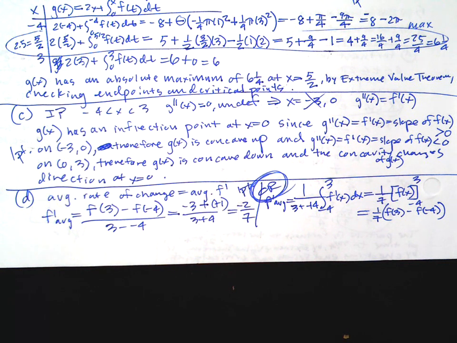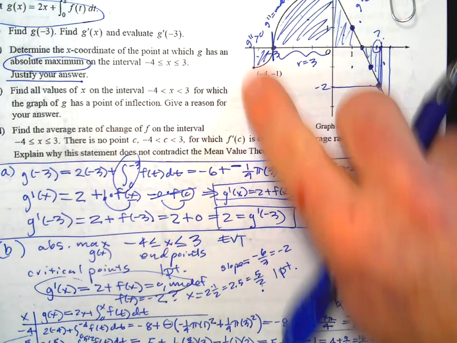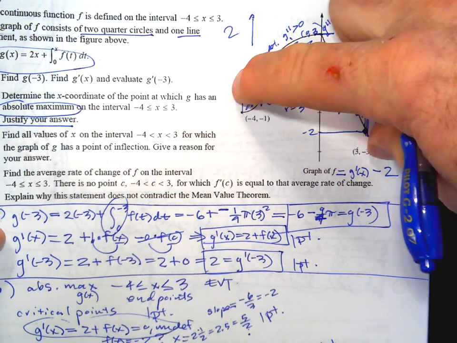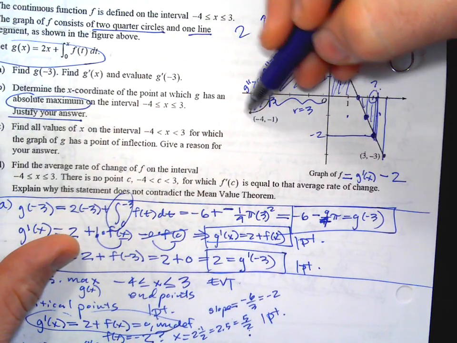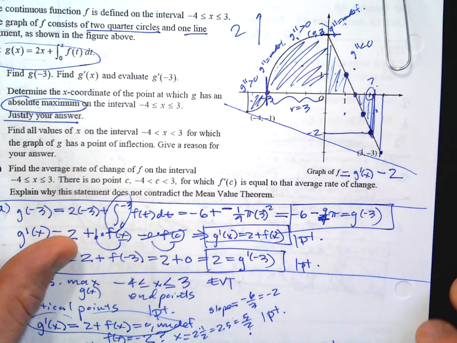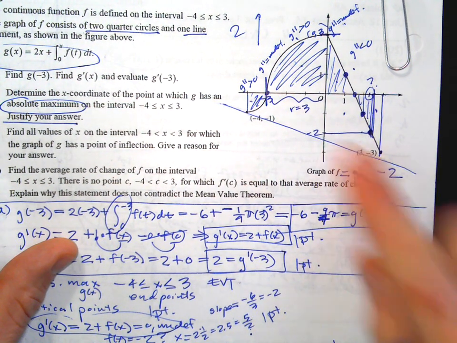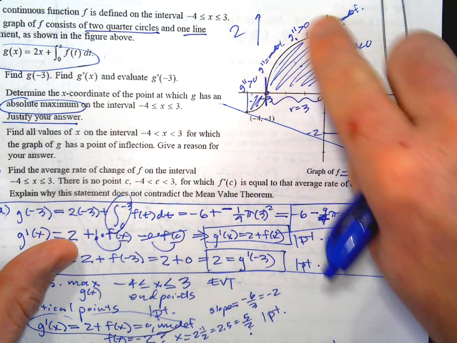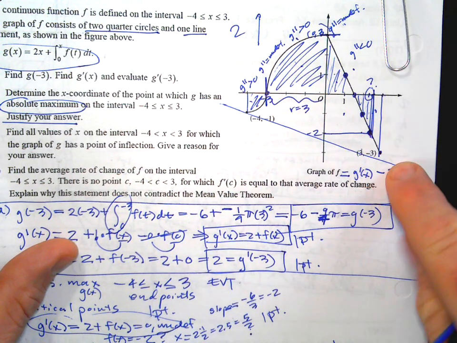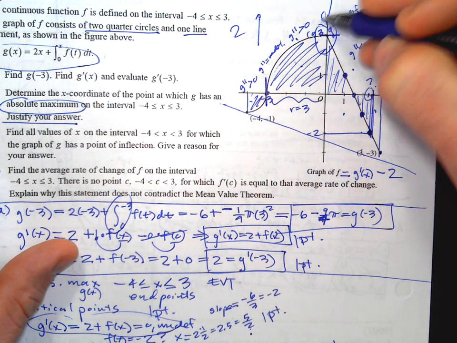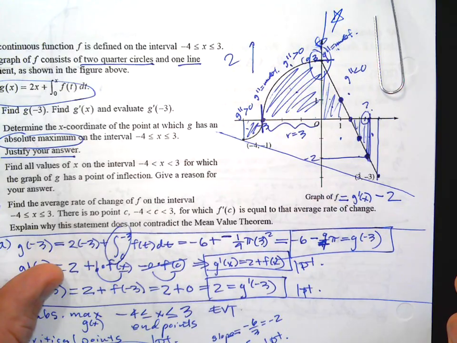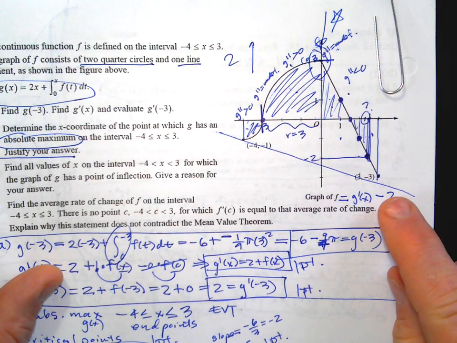Now we're trying to find the average slope of this graph. We just connected the endpoints with a secant line, right? Now this is only applicable if it's differentiable the whole time, and it's not differentiable right here. So we need to explain that it's not differentiable there, maybe why it's not differentiable.